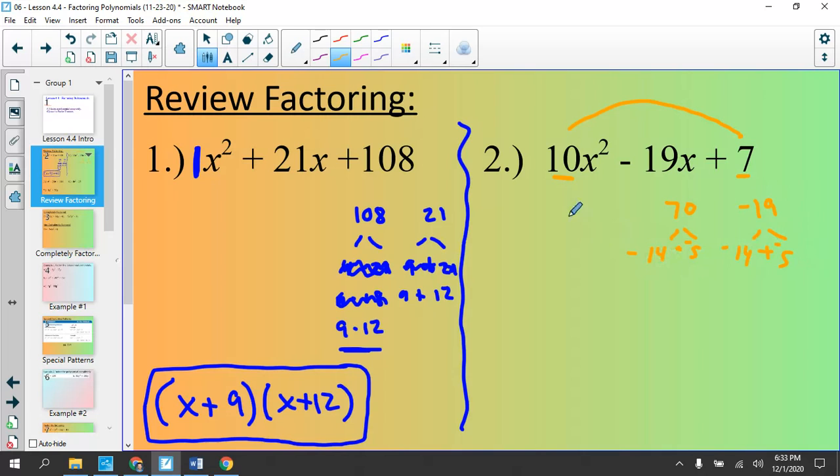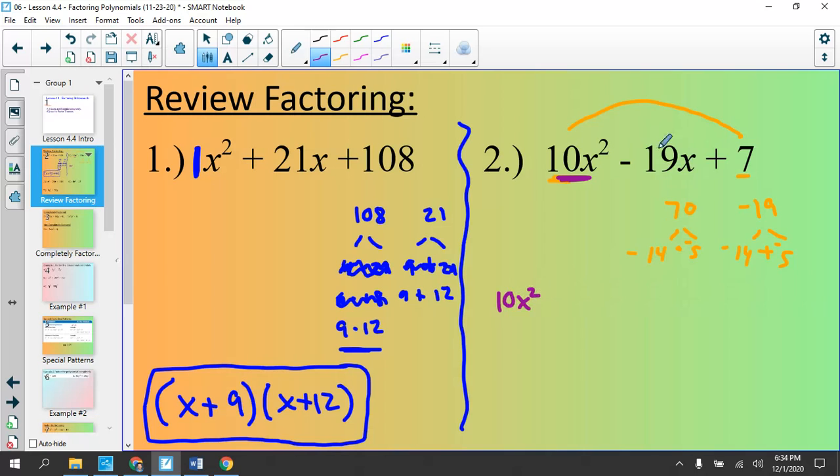There's our combination. Now the difference is, or at least the next big difference is, I can't just go x minus 14, x plus 5, or x minus 5, because this is not a 1 here. So here's the next move: start rewriting this. Start right here, 10x squared.